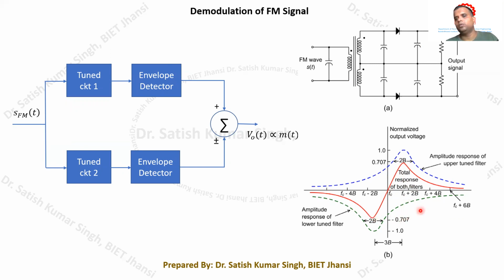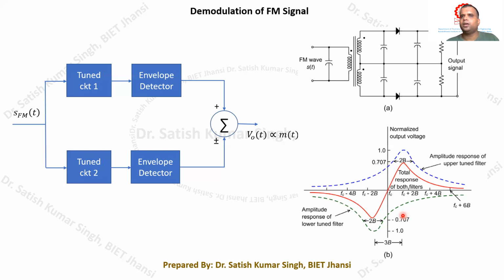Basically, within the bandwidth of the FM signal, the equivalent response that we are going to get from the circuit should be a linear portion. In this range we are going to get a linear portion, and beyond that we do not have to bother about this particular range.